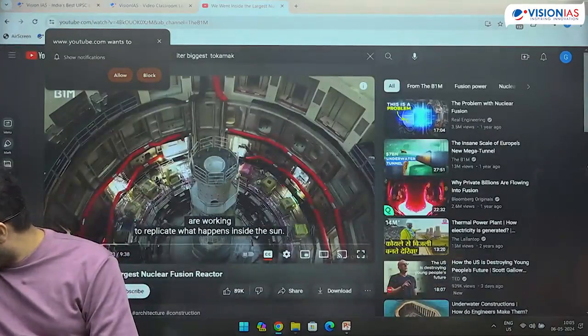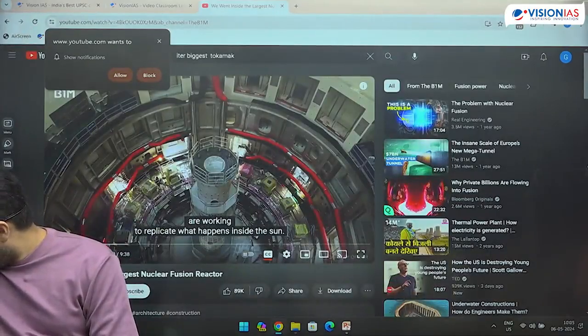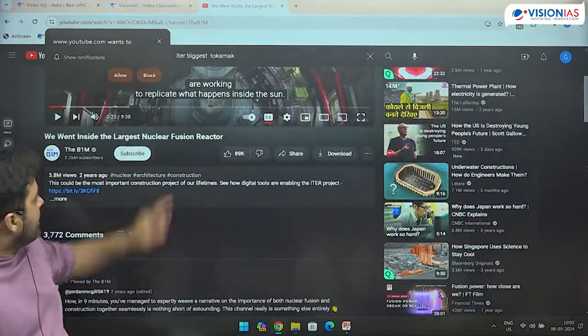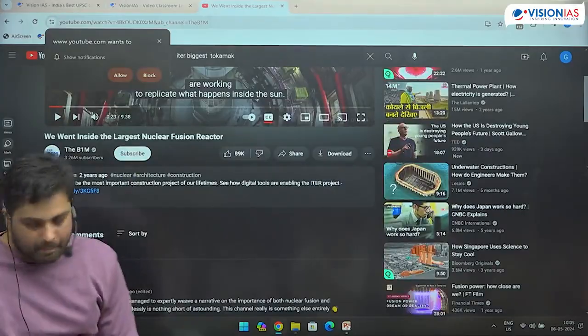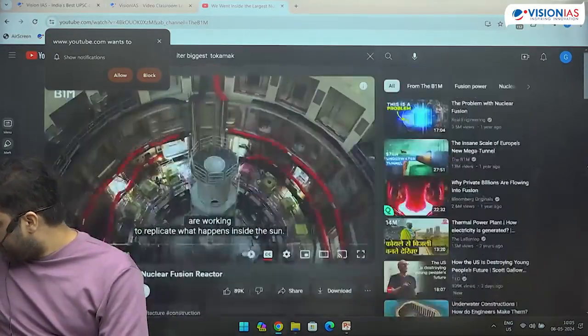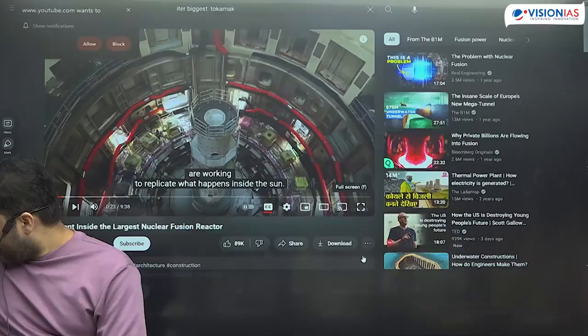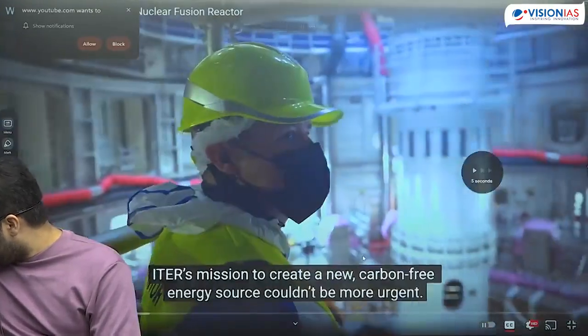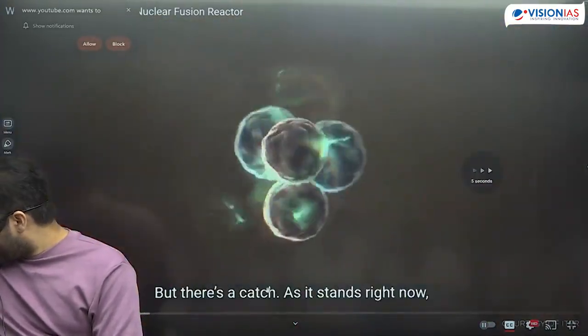You can watch this YouTube video. The name of this video is "We Went Inside Largest Nuclear Fusion Reactor." It's hardly 8-minute video. And look at the construction, what is happening here. You'll get to see the type of tokamak which they're trying to build.